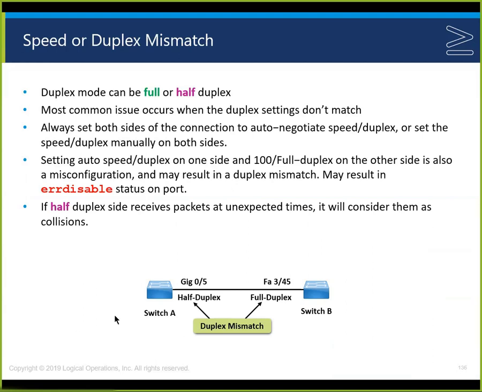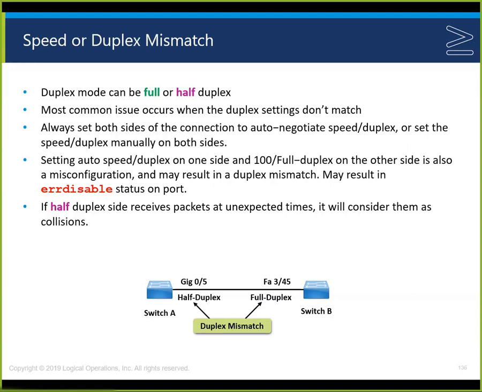The duplex mode, half or full duplex, they have to match. The reason is the full duplex doesn't expect to have to wait for anything. The half duplex is going to be on a timing system, kind of like what we saw this morning on the timing for the signals when it gets there. And the half duplex receives packets at unexpected times.